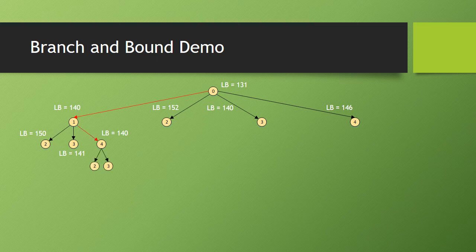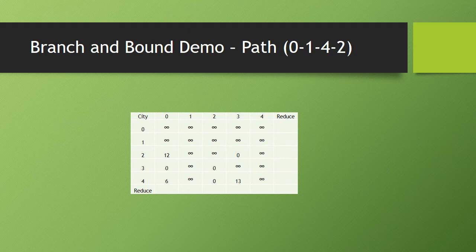And our two options are going to city 2 and city 3. So we will go to city 2 first, using our reduced adjacency matrix from our last step. So we're going to turn row 4 into infinity, column 2 to infinity.